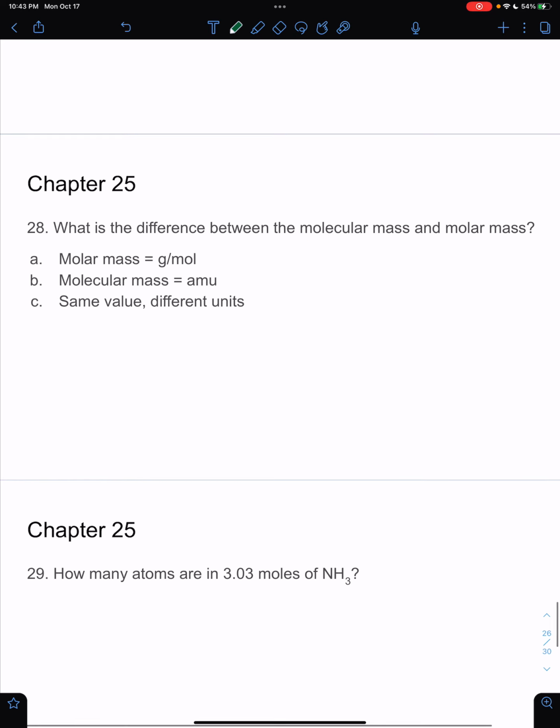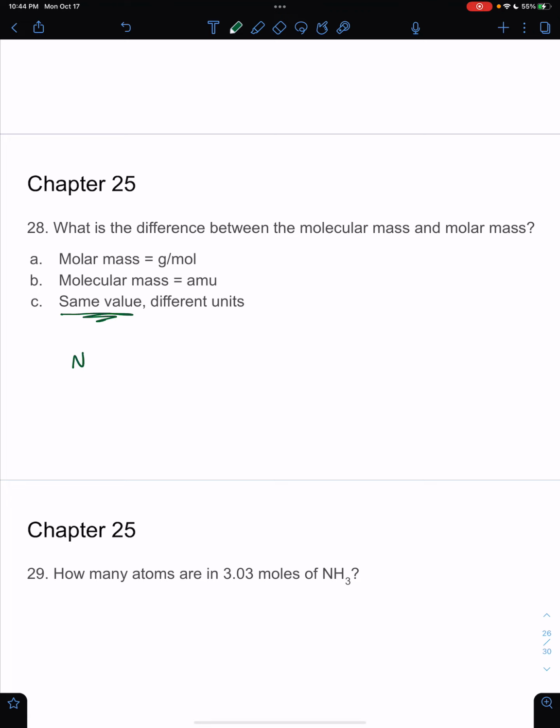Okay, 28 says, what is the difference between the molecular mass and the molar mass? So this one, I'm not exactly sure how she will ask this question, but as far as I know, the molecular mass and the molar mass are the same value.